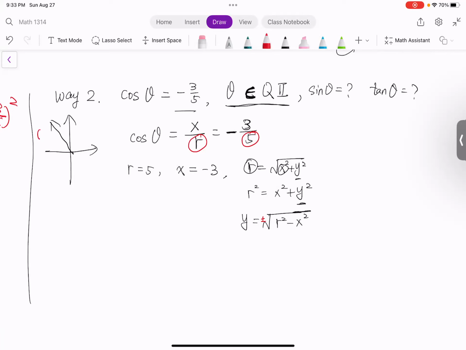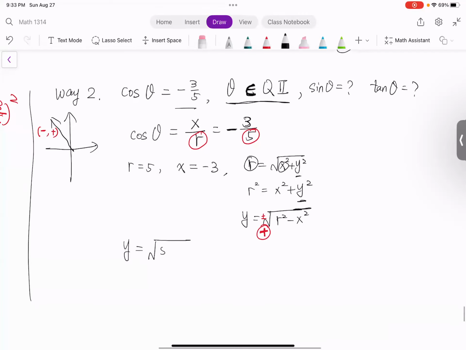Positive. In the second quadrant, we have x negative, y is positive. So I'm only keeping the positive sign here. All right, so let's solve the y. y equals square root of r squared, so r is 5. 5 squared minus negative 3 squared.